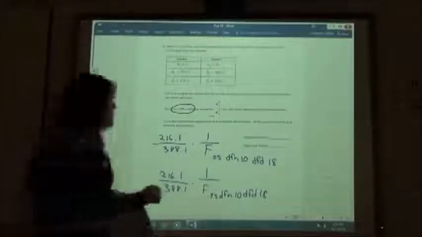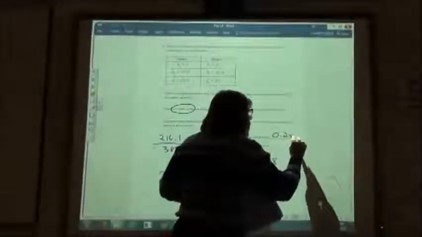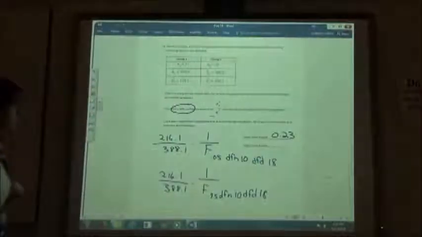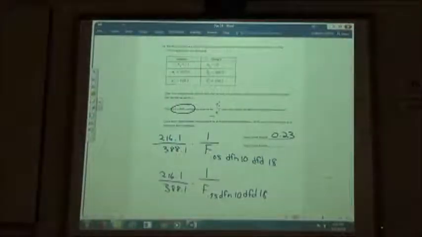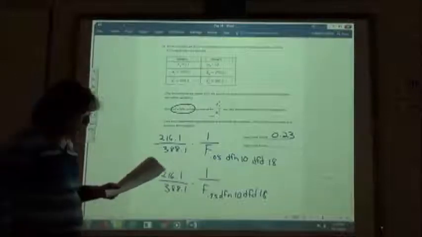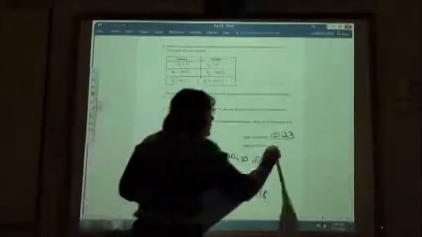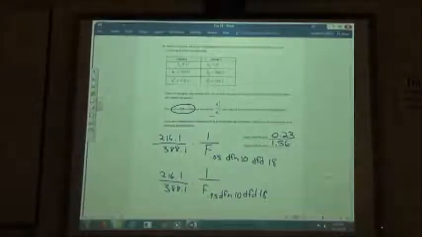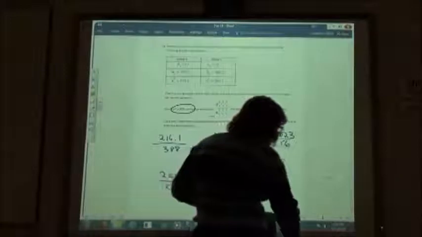So 0.23 is our lower limit. .56 should be our upper limit, exactly. All right, one last one on this page.